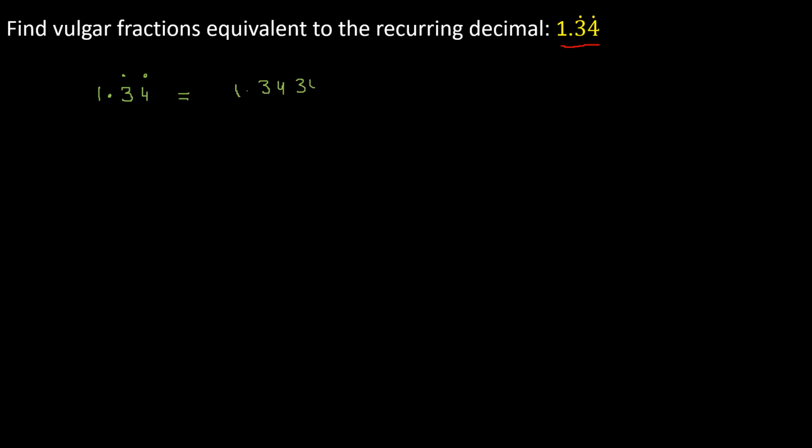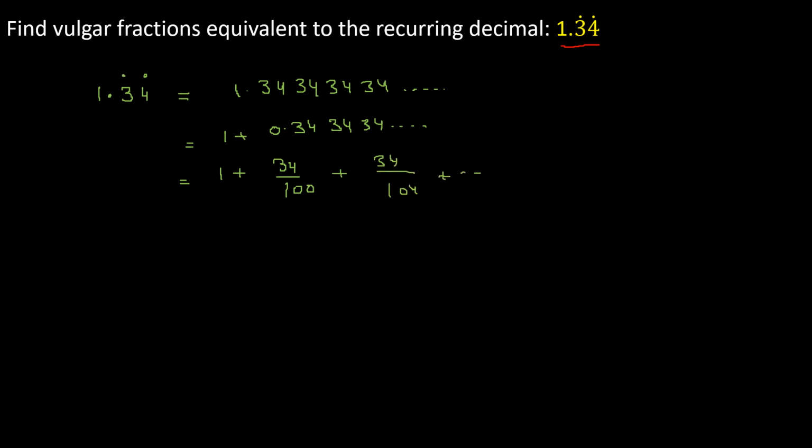1.34343434 and so on. So if we look into this, then it will be 1 plus 0.343434 and so on. So I can write this as 1 plus 34 over 100 plus 34 over 10 raised to power 4 plus so on.